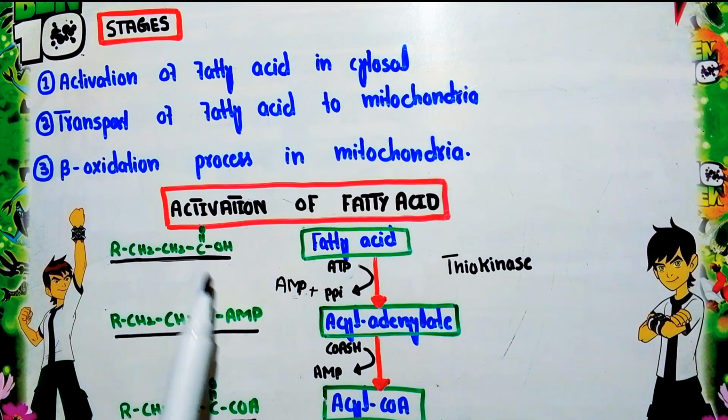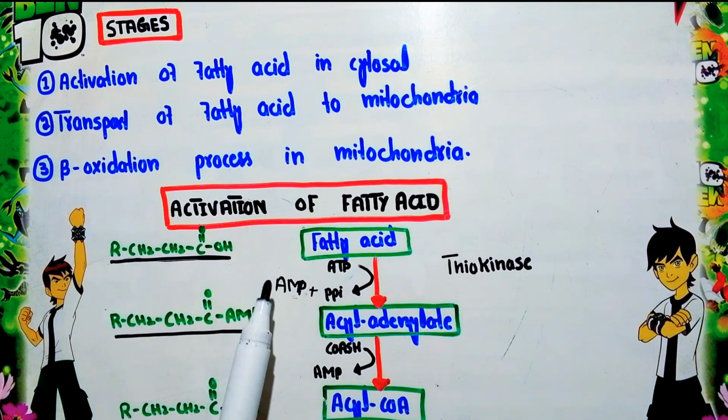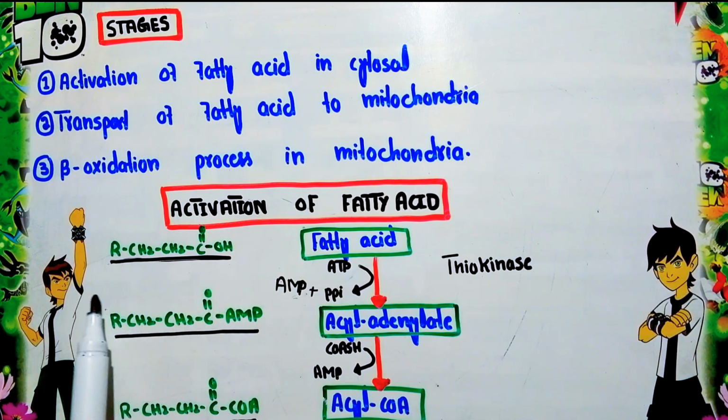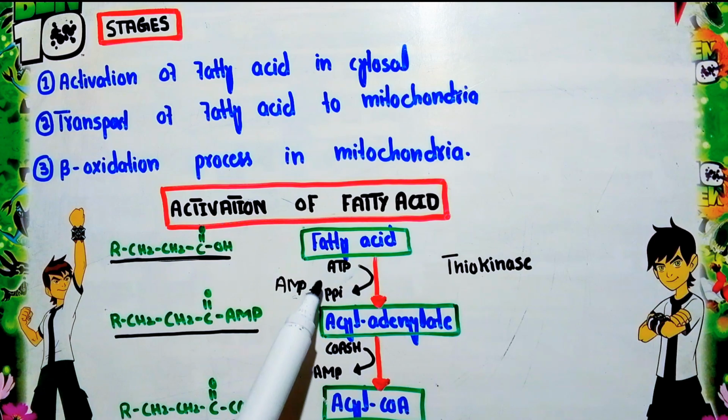The structure formed from the attachment of this AMP is called acyl adenylate. The pyrophosphate is acted on by the phosphatase enzyme and converted into phosphates.